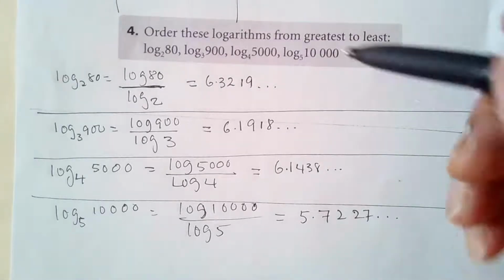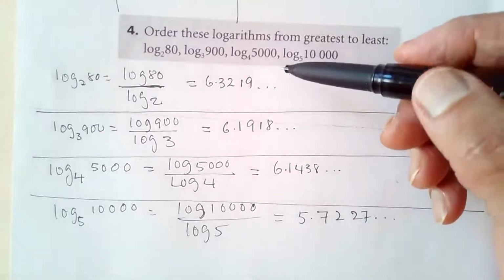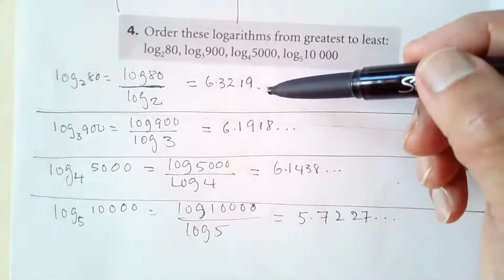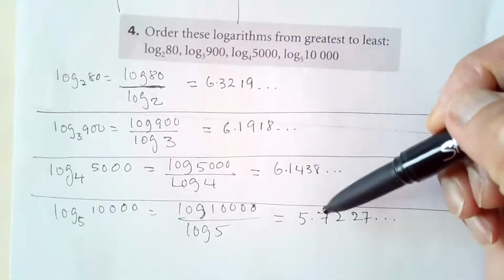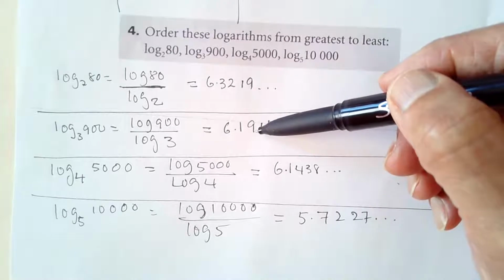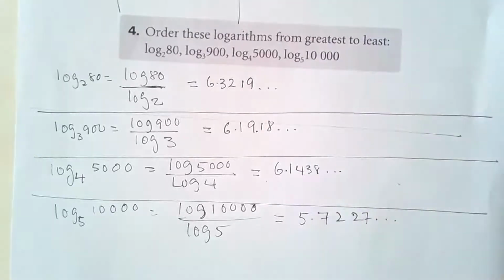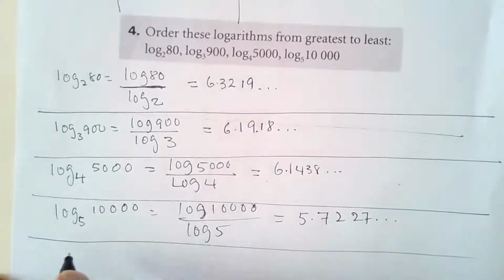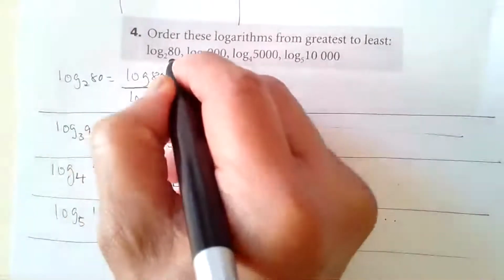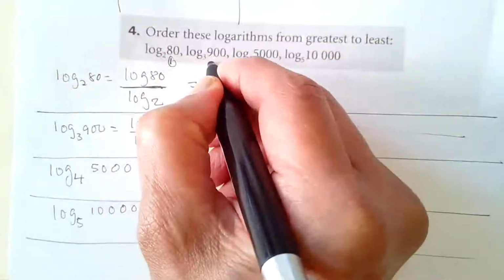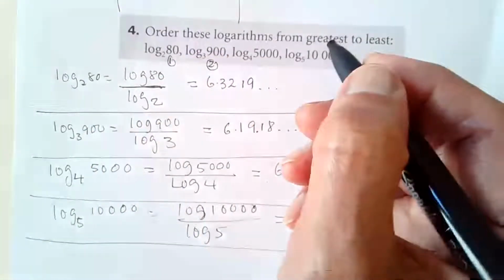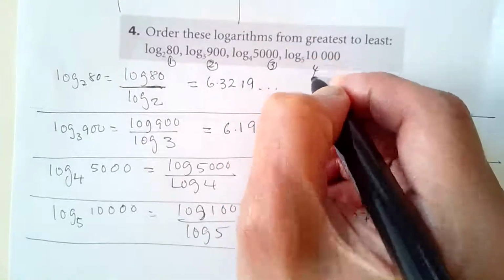So what we find here, the greatest is log 280. Then we go to log 3 900. No, I need the order. Okay, so we can see this is 1, that's 2, 3, and 4.